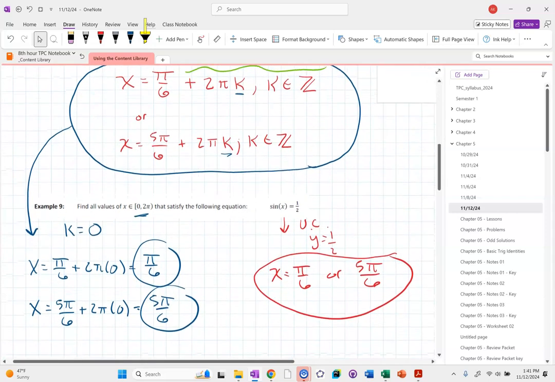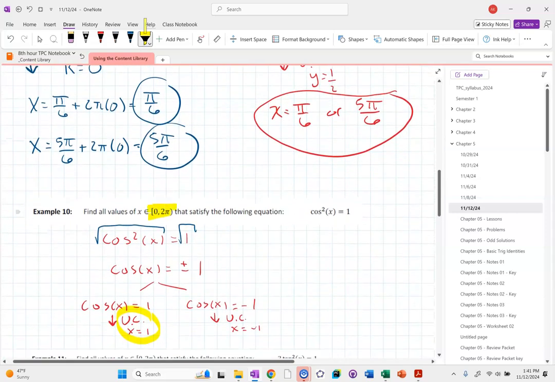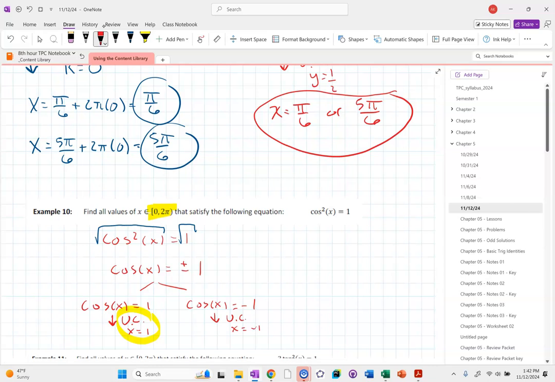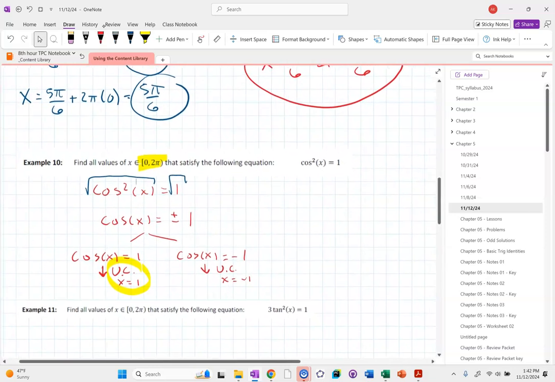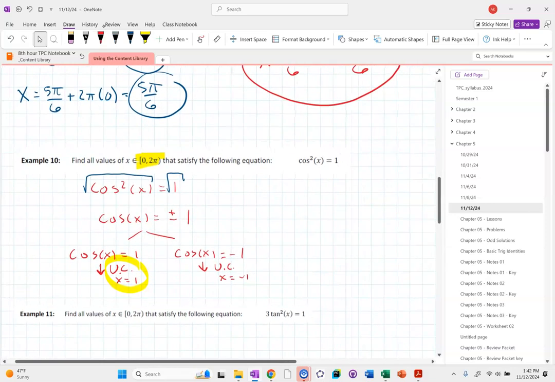No. Let's look. Well, it says 0 to 2 pi. Does the parenthesis mean that I can count it or not? The parenthesis means it's not included in the solutions. The bracket means it is. So my only answer here should be 0 from this piece.